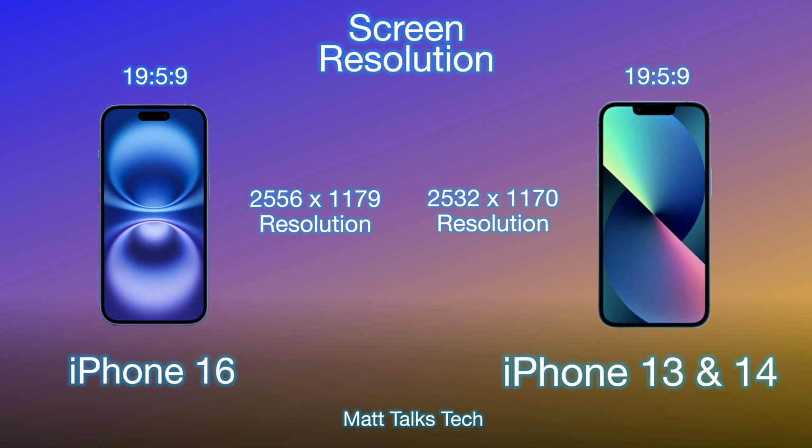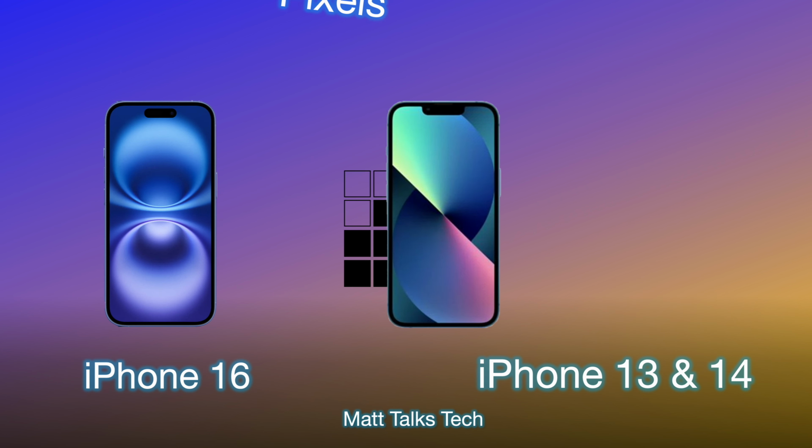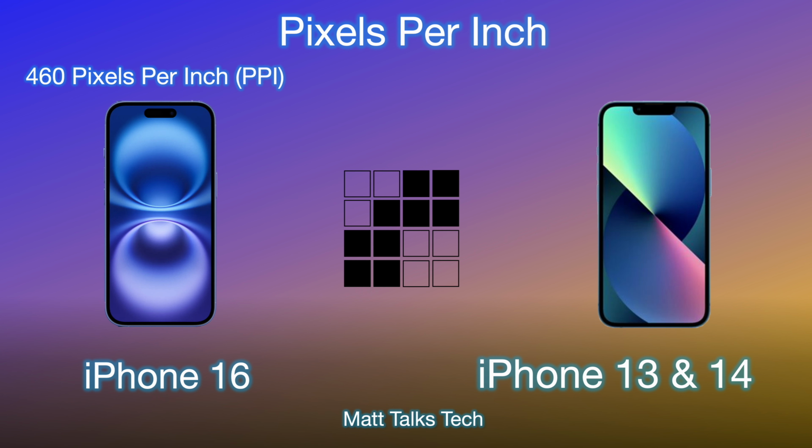The screen ratio is exactly the same, 19.5 by 9, so no differences. And for pixels per inch, the iPhone 16 has 460 PPI, whereas we have 458 pixels per inch on an iPhone 14 and an iPhone 13. Really not much difference whatsoever in clarity.